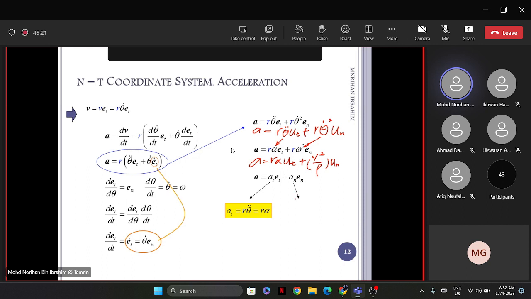And as explained before, we need to apply the Pythagorean theorem in order to find out the magnitude of acceleration as well.